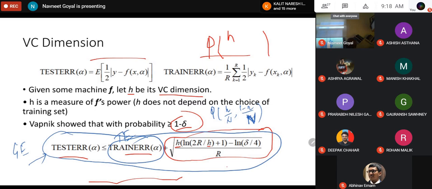It was this only. The generalization error has an upper bound equal to training error plus some function phi, some function of capacity, where h is the capacity and eta is the confidence. So it's a function of capacity and your confidence, and n is the total number of training data points that you have.